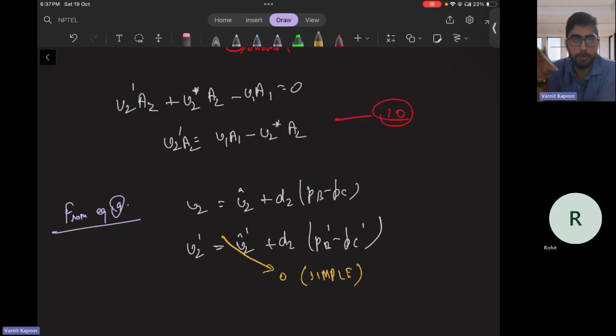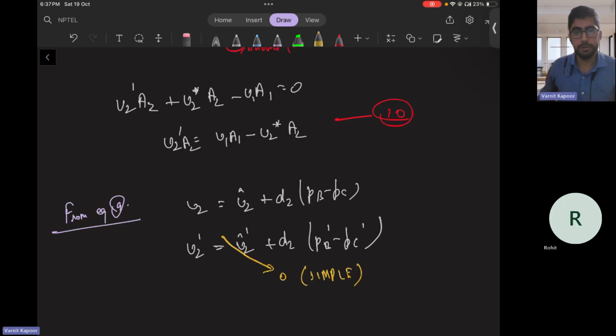So this is basically from the momentum interpolated face value. We have U2 equal to U2 hat plus D2 (PB minus PC). And if we subtract the star corresponding values, you will have the U2 prime, that is D2 times (PB prime minus PC prime). And again, U2 hat prime would contain all the neighboring coefficients and everything, which will be neglected as a part of the SIMPLE algorithm. So U2 hat prime is 0.